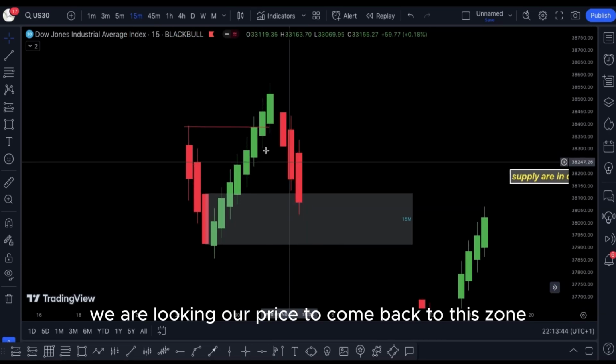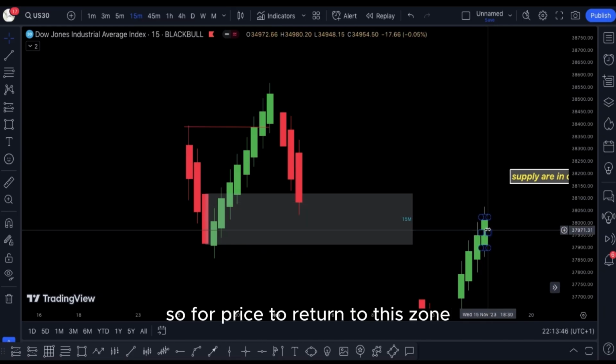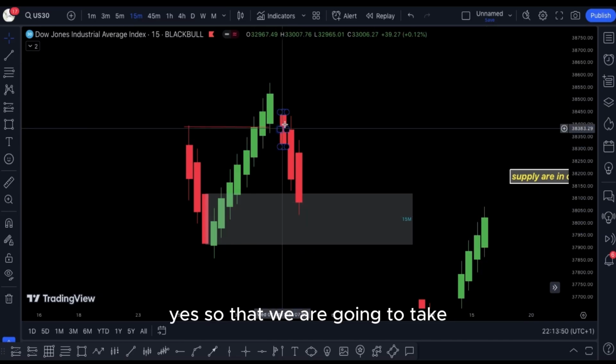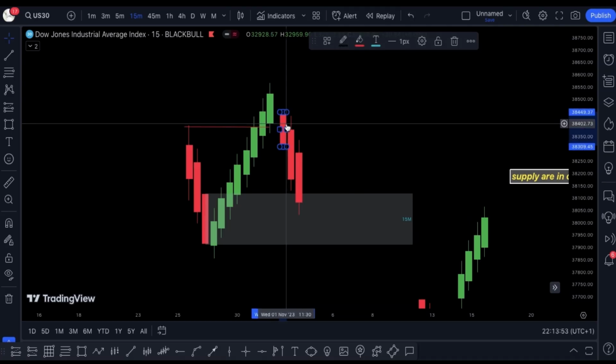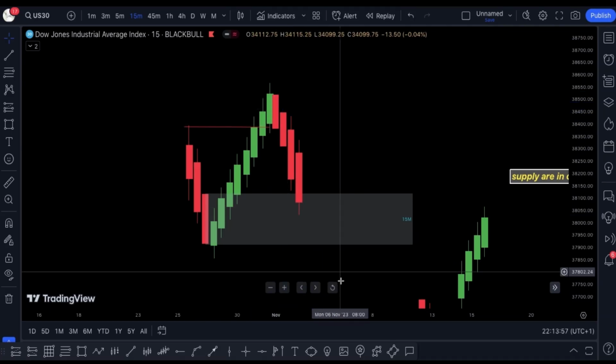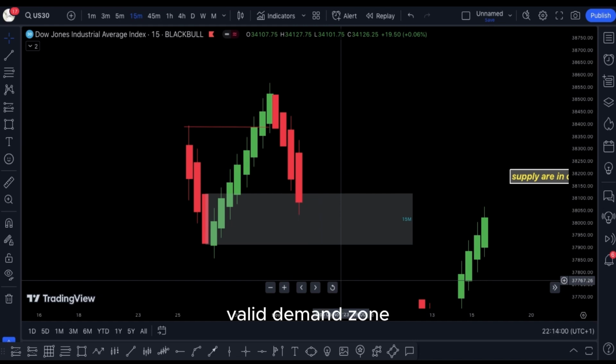We are looking at price to come back to the zone. So for price to return to the zone, so that we are going to take our valid demand zone. So our price returns to the M3.